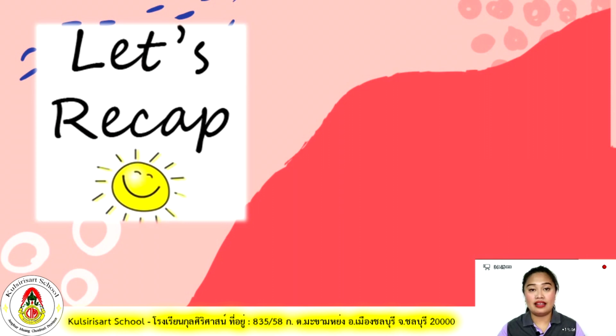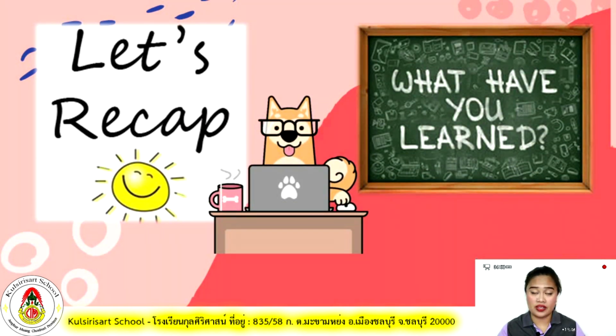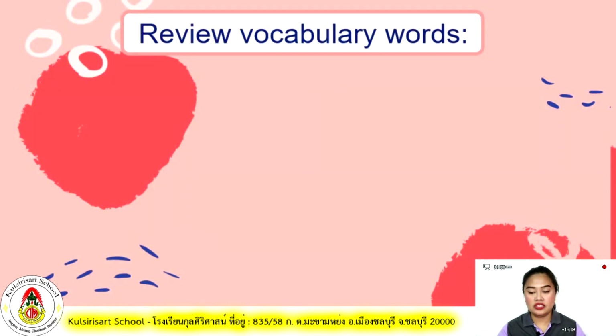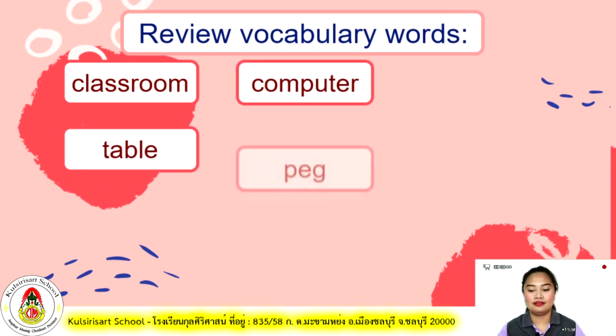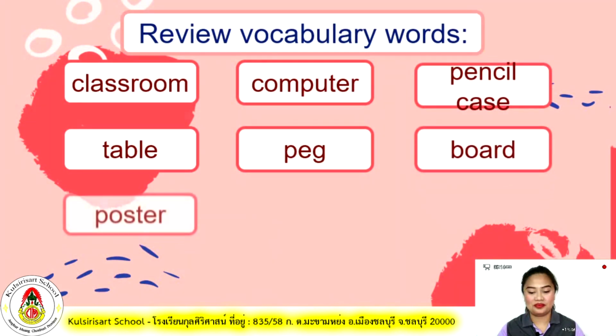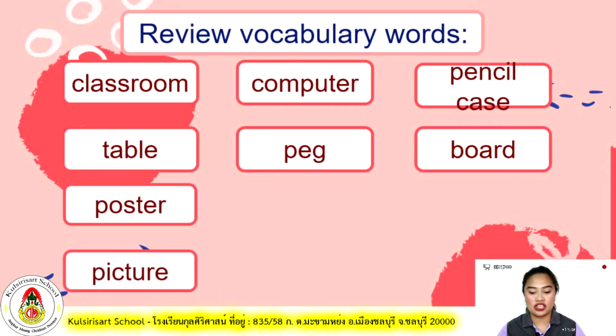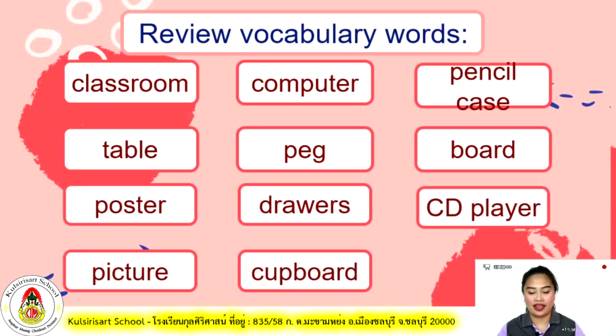Now this time, let's recap. What have you learned today with this video? Okay, now let's review. For today's video, we learn about vocabulary words, which are classroom, table, computer, peg, pencil case, board, poster, picture, drawers, cupboard, and CD player.